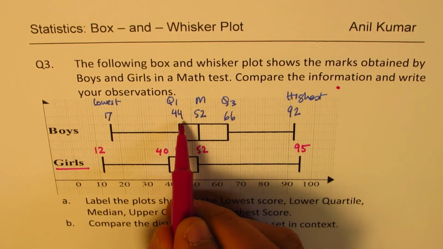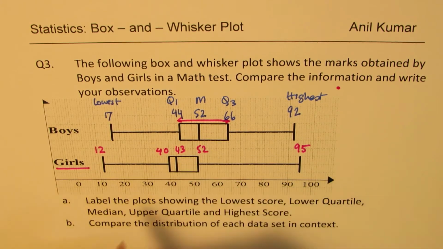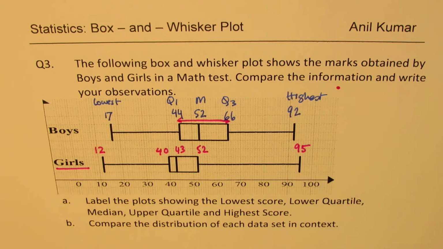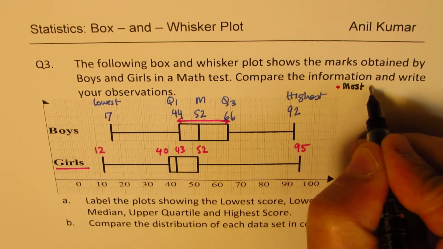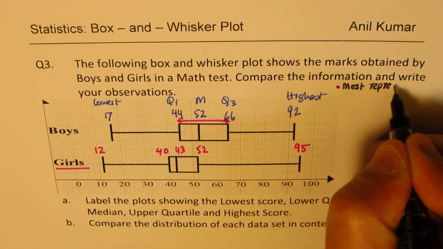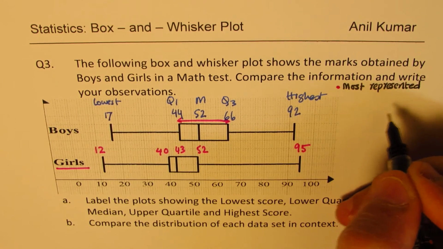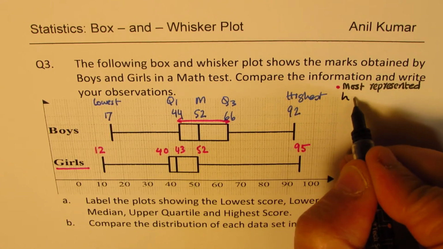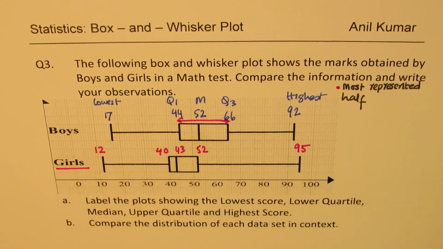So we're looking at the interquartile range, this region. This is wider, right? And therefore, we can write down here the most representative half, because this is half. This is 25%, half and 25%, right?